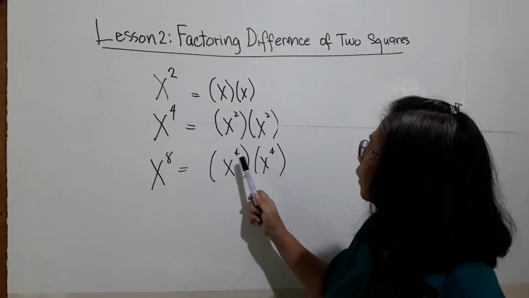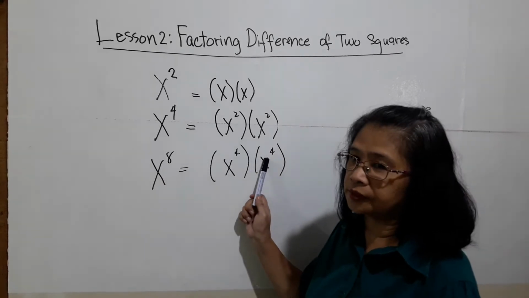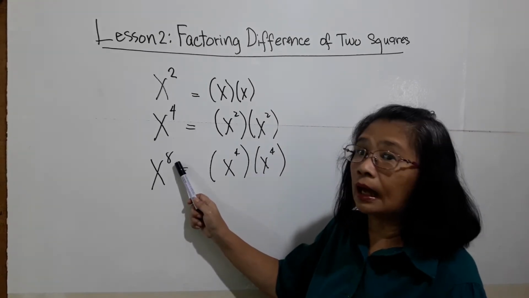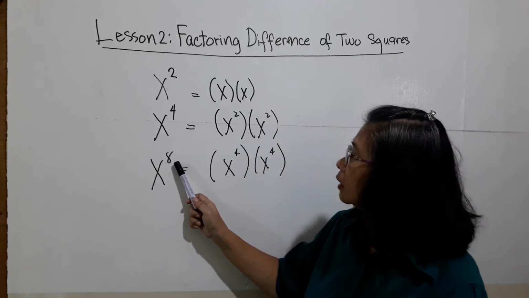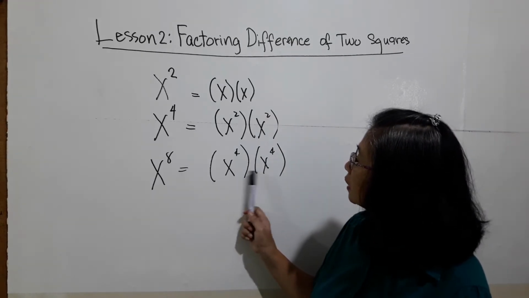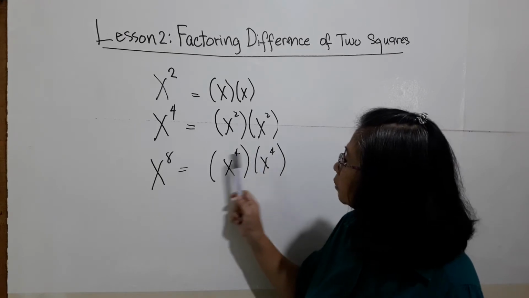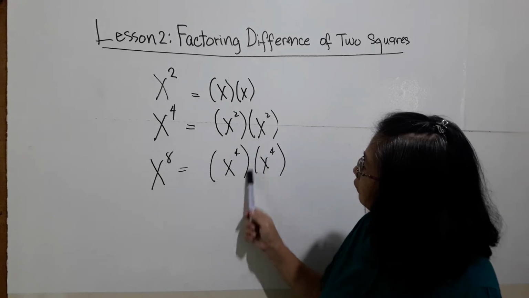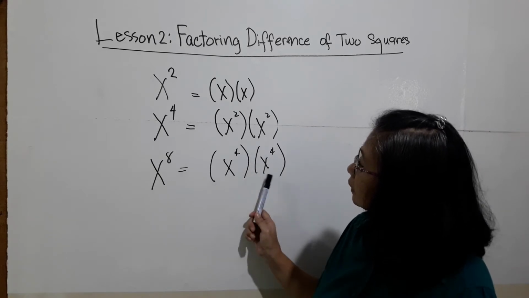What is done with the exponents in the factors to get 8 here? We added. So if we are multiplying variables which are the same, the exponents should be added. But in this case, the factors are exactly the same.